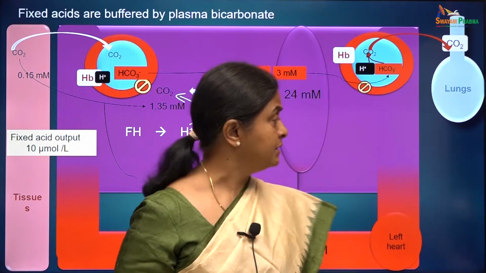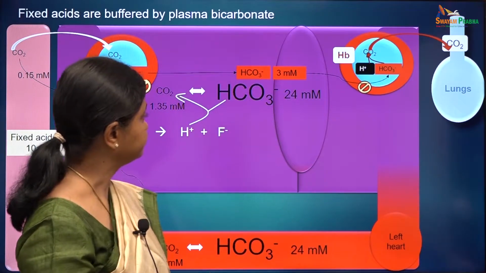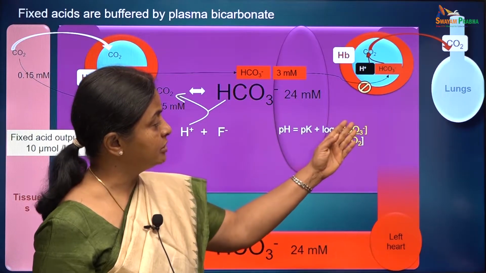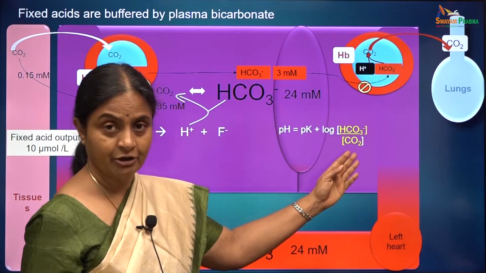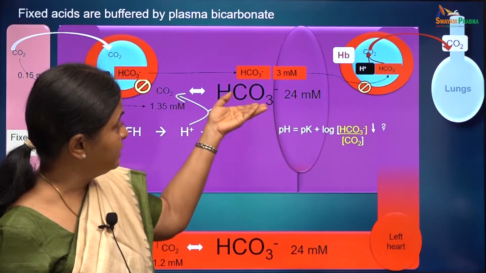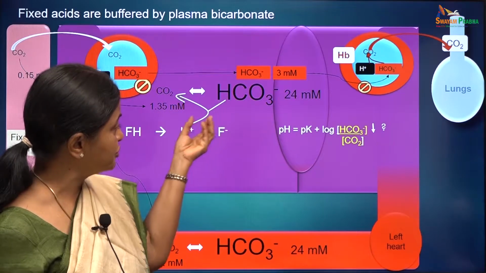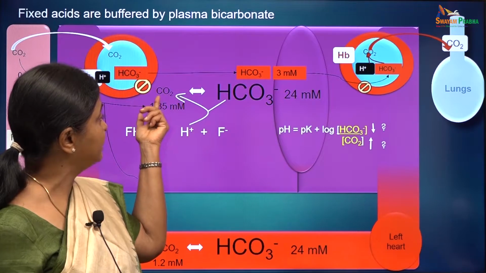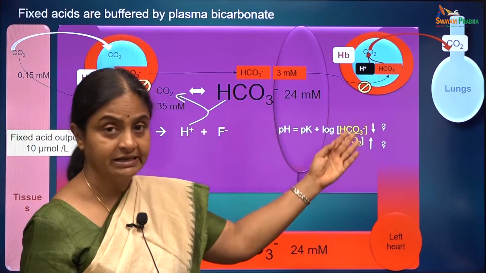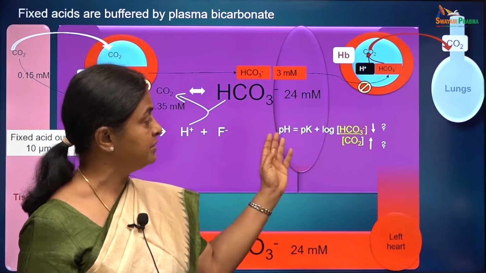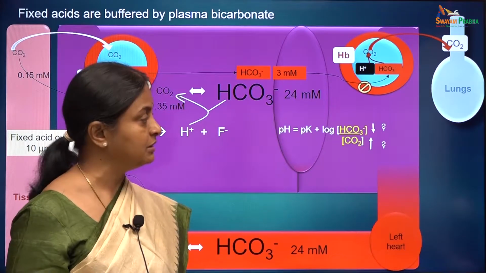If you remember, pH is pK plus log bicarbonate by carbon dioxide concentrations. So the question is, will bicarbonate concentration reduce because it is being consumed by the protons of fixed acids, and will the carbon dioxide concentration increase? If either or both of these events happen, then the pH would reduce.